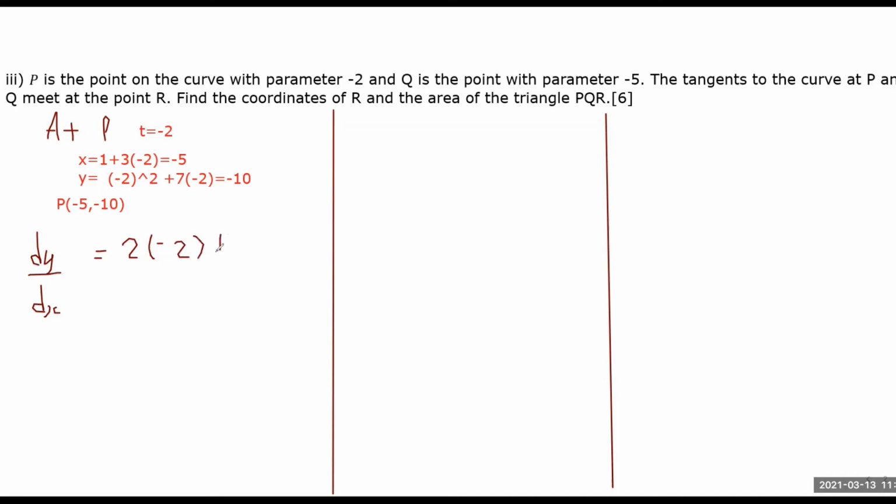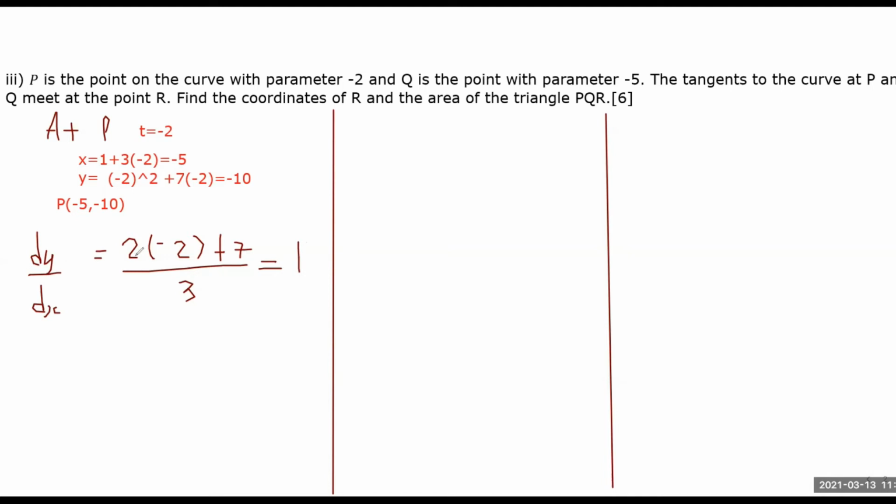So we get 2 times -2 plus 7, divided by 3, which is 1. So dy by dx is equal to 1.